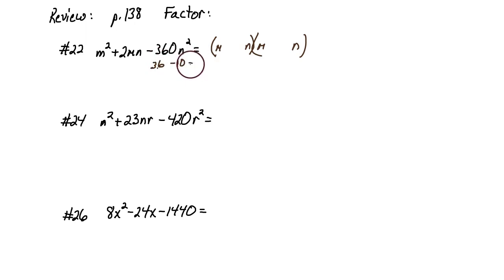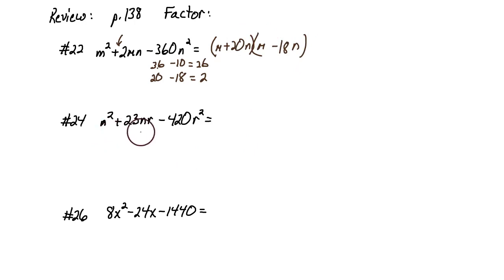But when you combine these together, that makes 26, and that is not what's in the middle. So let's find another pair of numbers that multiply to negative 360. Positive 20 times negative 18 is negative 360. And 20 plus negative 18 is 2, and that is what the middle term is. So we know we need to have positive 20 and minus 18.